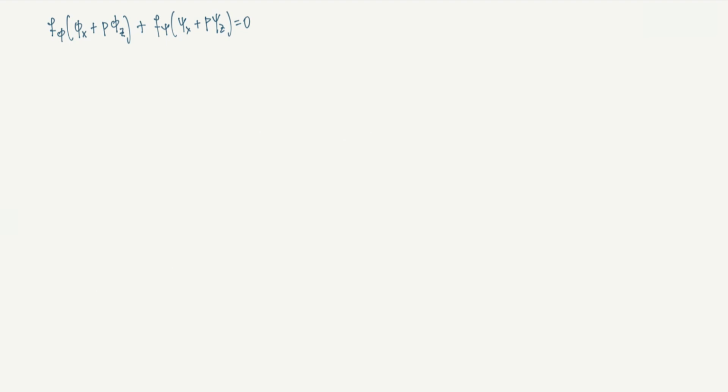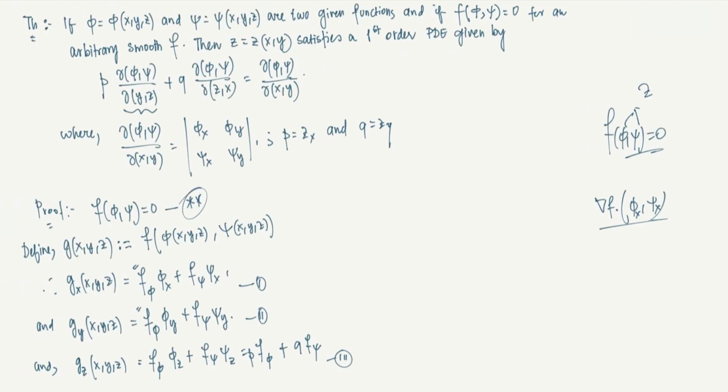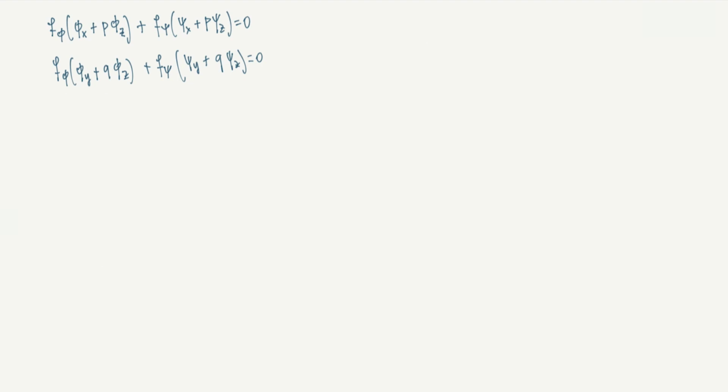Yes, okay, so you have this relation, and similarly you also have this relation: f phi times (phi y plus q phi z) plus f psi times (psi y plus q psi z) is equal to 0. Just by adding and multiplying by p, you end up getting that particular thing. Okay, so these two relations.